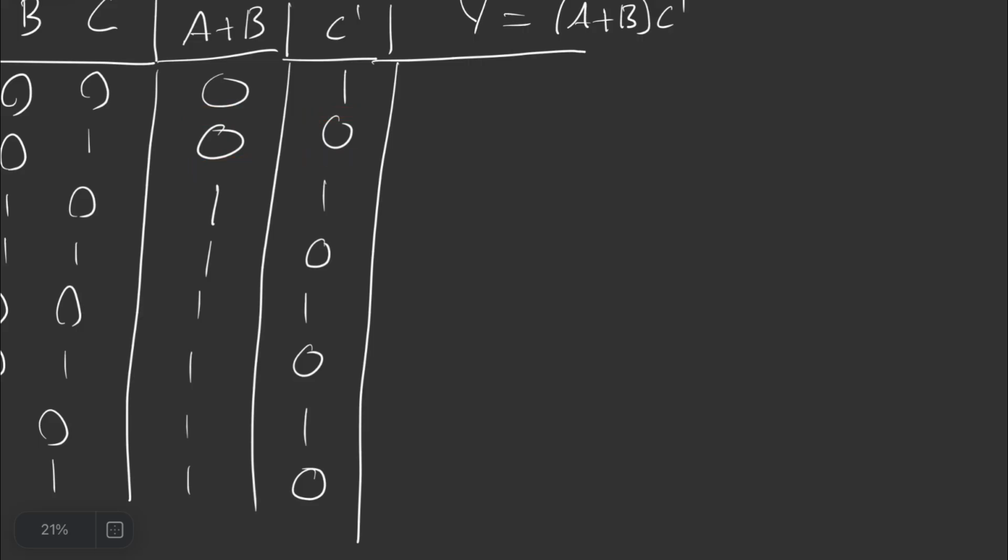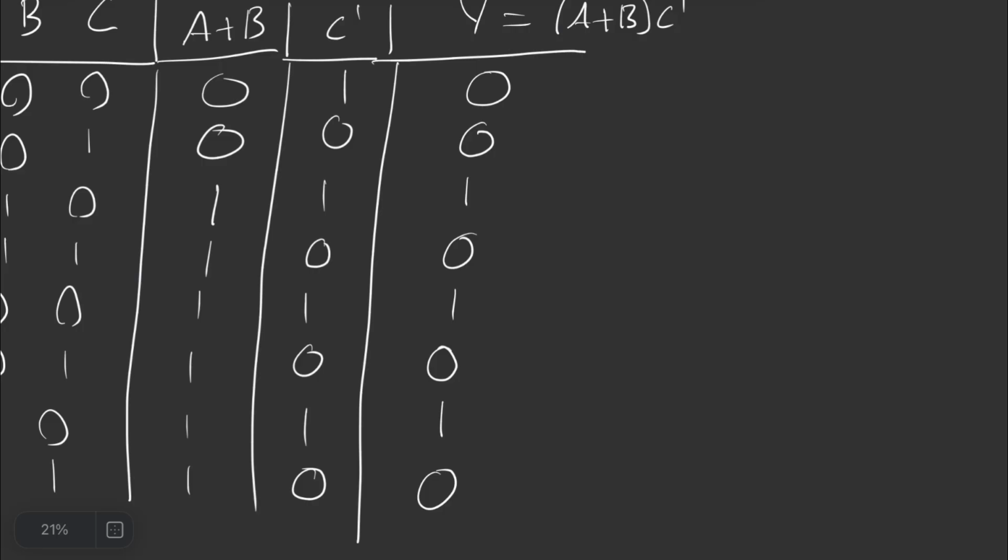0 and 1 is 0. 0 and 0 is 0. 1 and 1 is 1. 1 and 0 is 0. 1 and 1 is 1. 1 and 0 is 0. 1 and 1 is 1. And 1 and 0 is 0.